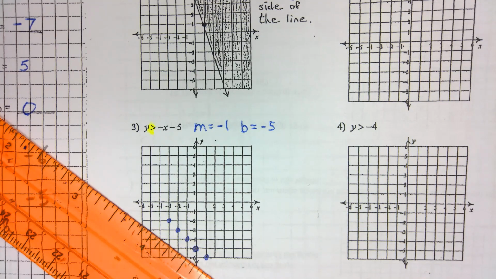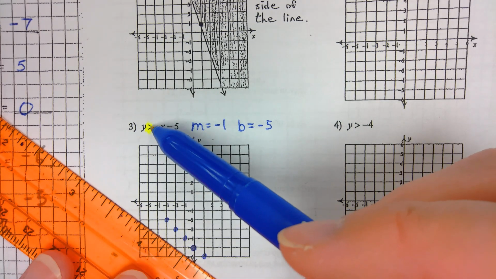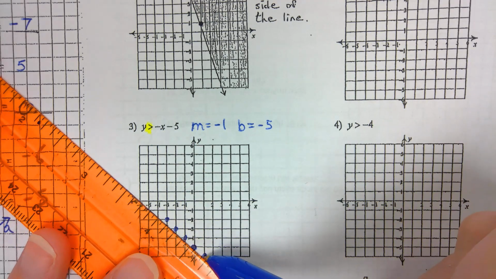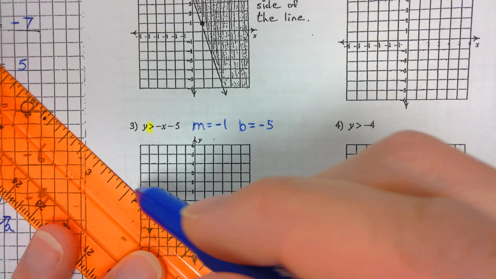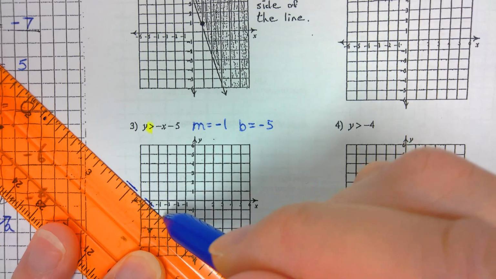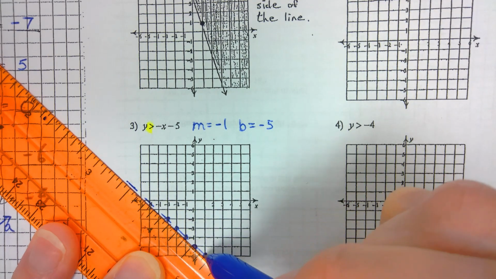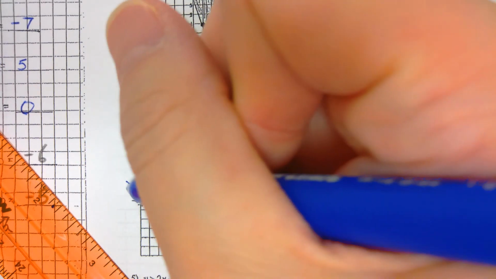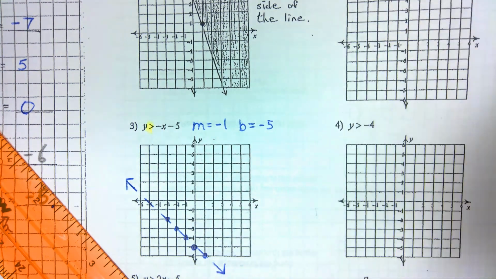So what type of line do you think I should draw then? Yeah, dotted line, right. So when it's just greater than, we draw a dotted line to show that this is still the equation of that line, but I'm not including that line.